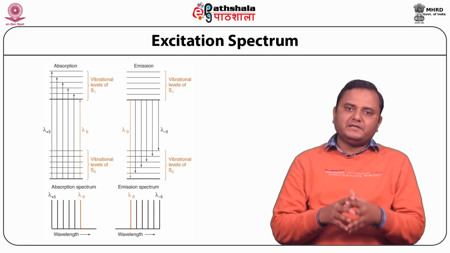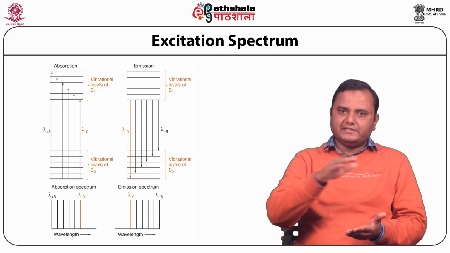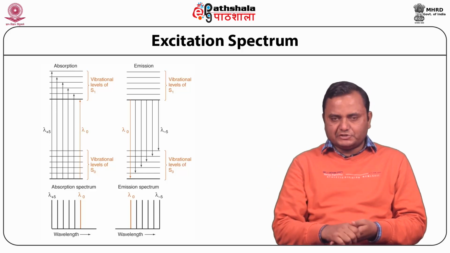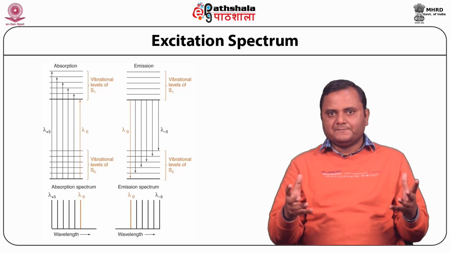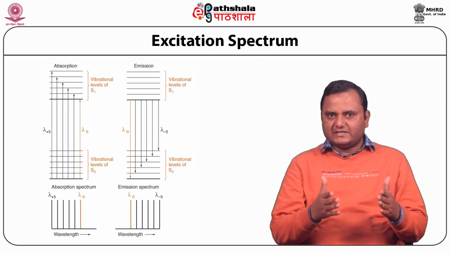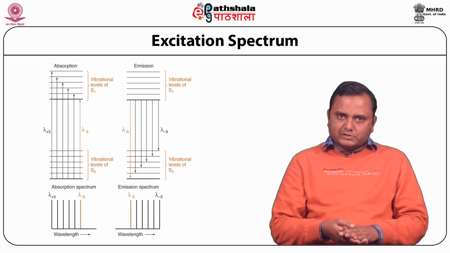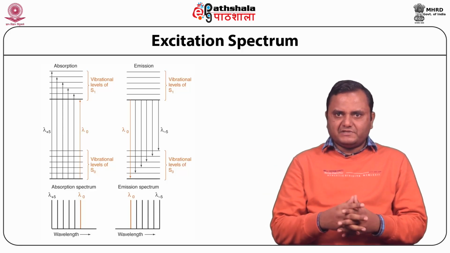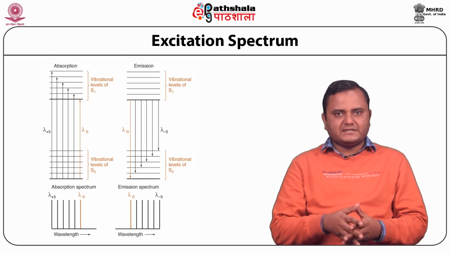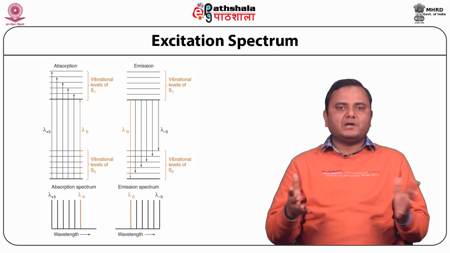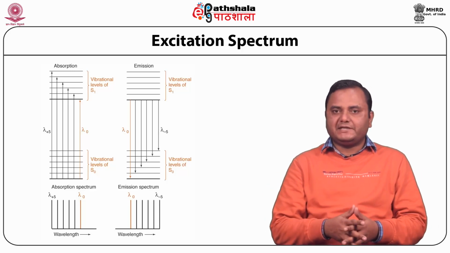It is simply obtained by fixing the emission monochromator to a particular wavelength and then scanning the excitation monochromator, which tells you the best wavelength to select so that the molecules, or electrons, get excited for the fluorescence phenomenon. An excitation spectrum looks very much like the absorption spectrum, because the greater the absorbance at the excitation wavelength, the more molecules are promoted to the excited state, and of course more emission will take place.